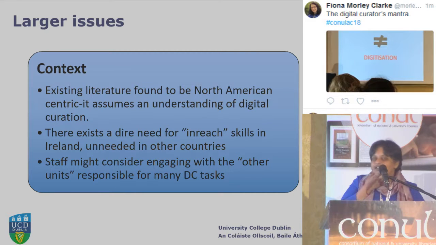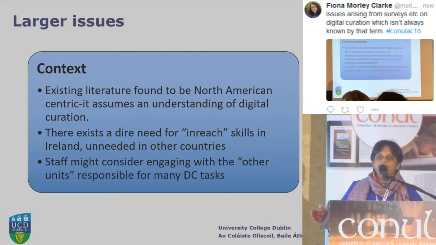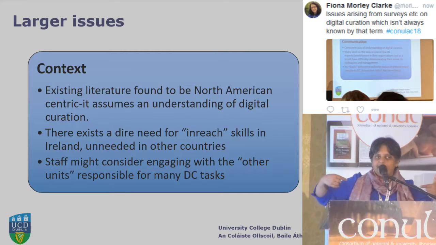There's also the body of literature to work with. We're very North American centric. Not surprisingly, they're the biggest players in this space. And they all assume that we all understand and are working from the same page when it comes to digital curation. This was also very interesting, and I don't know if unique is the right word, but I think it's very endemic in our context: there is a significant amount of in-reach that needs to be done.